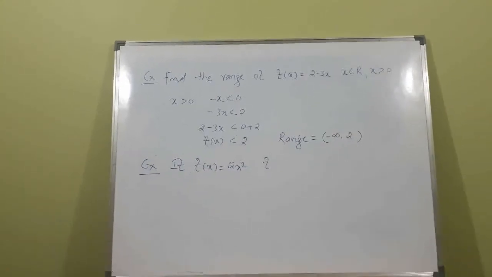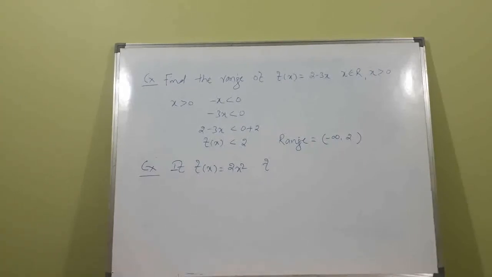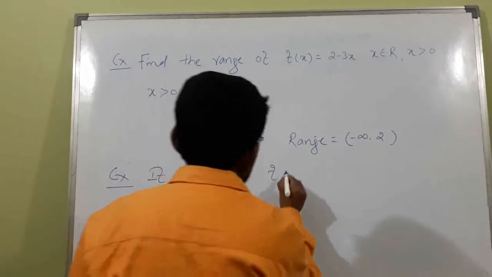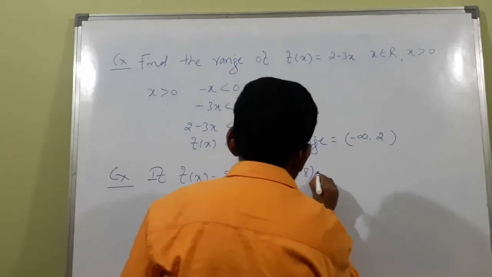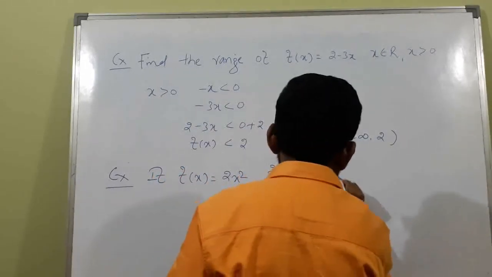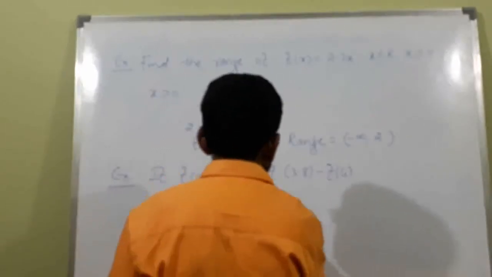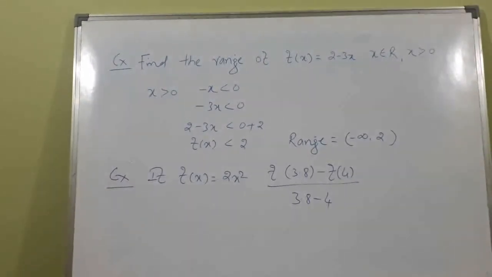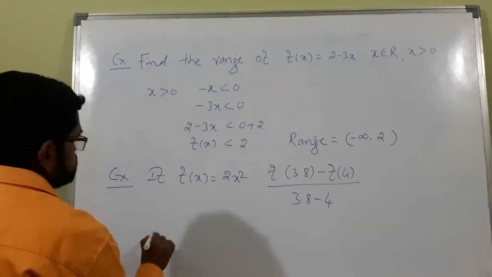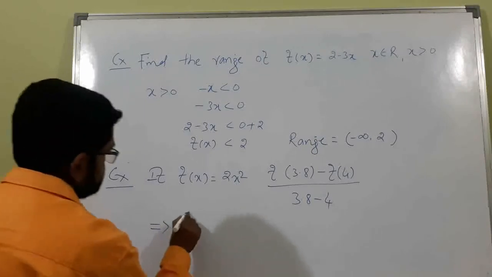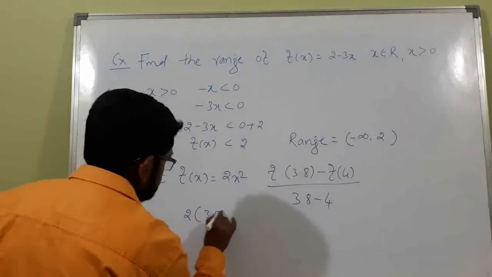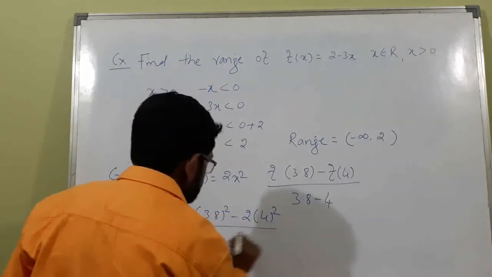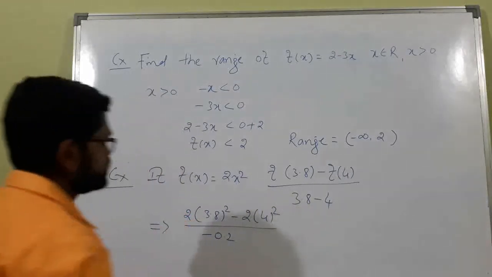If f(x) is 2x square, find (f(3.8) minus f(4)) divided by (3.8 minus 4). That implies (2 times 3.8 whole square minus 2 times 4 whole square) divided by minus 0.2.